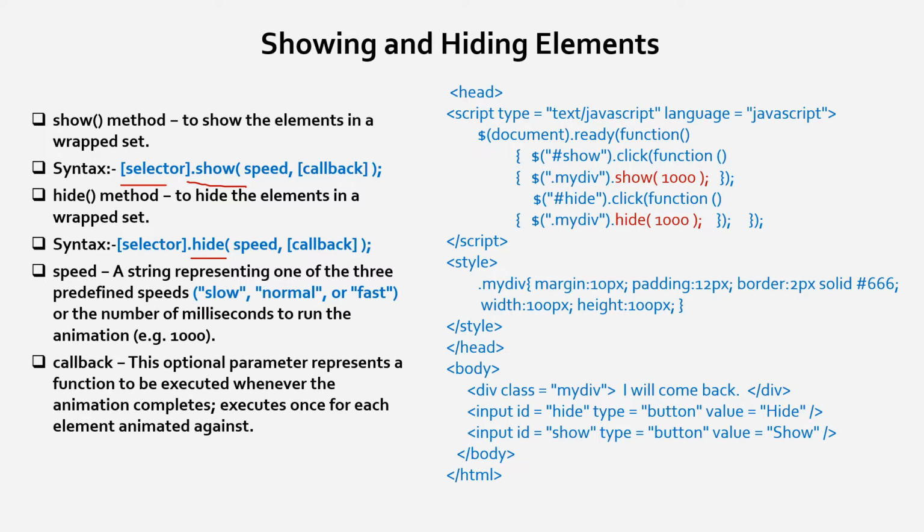Speed is a string that represents slow, normal or fast. Otherwise you can specify in milliseconds to run the animation properly. Callback is an optional parameter that represents a function to be executed whenever the animation completes.